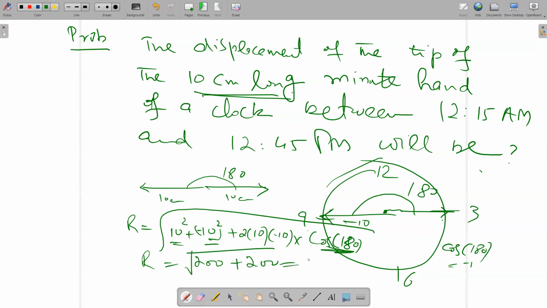So the answer is 400. So 400 means 20 centimeter, and the angle is 180 degrees. So what we want to find here is the resultant between these needles here and here. Other is nothing.